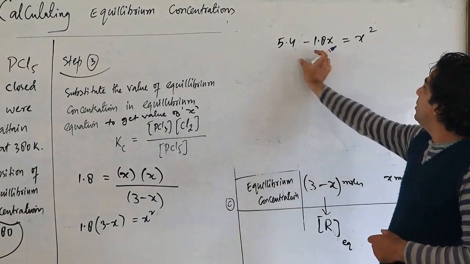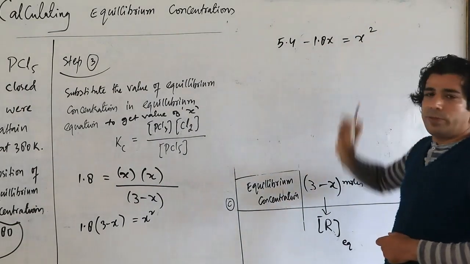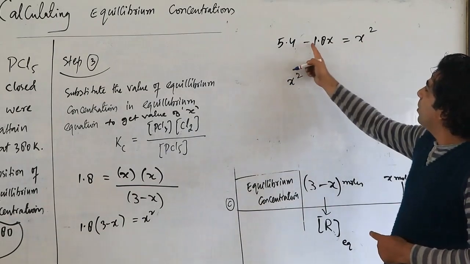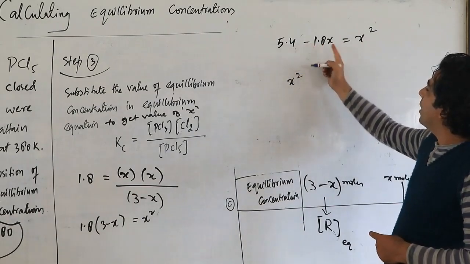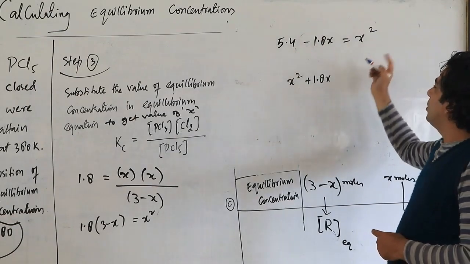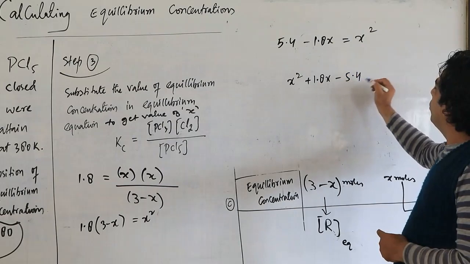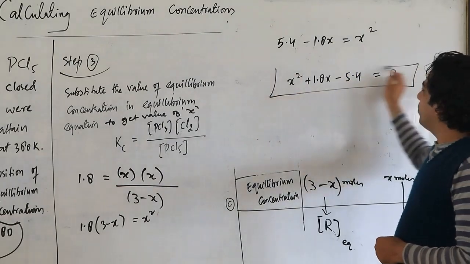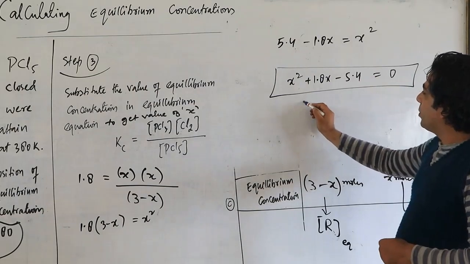Let me transfer these terms to this side, and here it will come out to be 0. So I will get here x square, transfer this minus 1.8x, it will become plus 1.8x. Transfer this to this side, it will become minus 5.4 is equal to 0. Now this has turned out to be a quadratic equation.